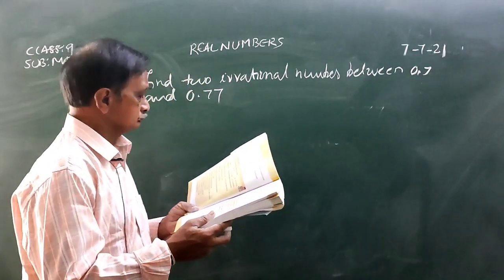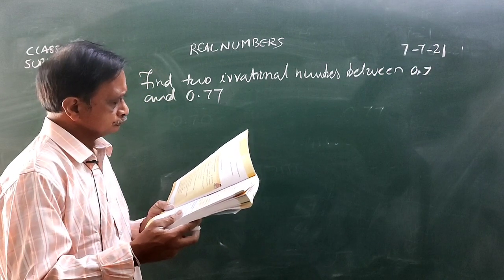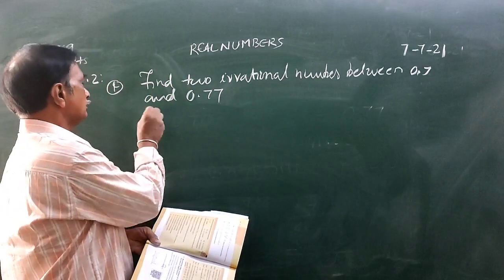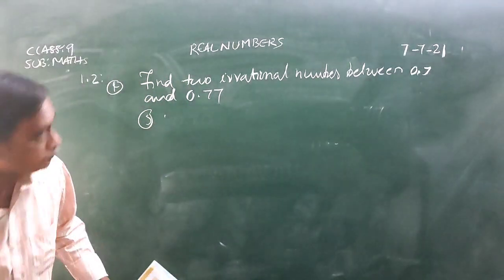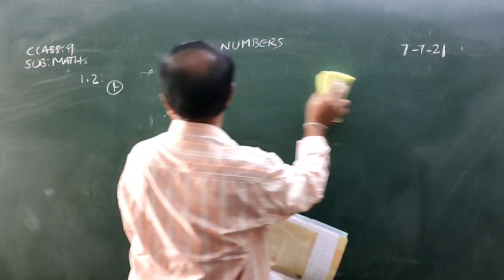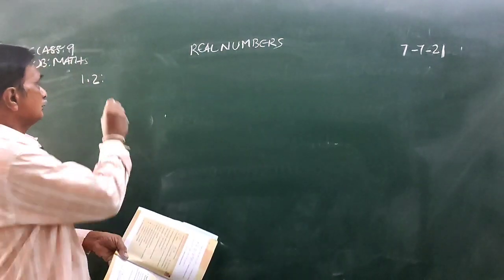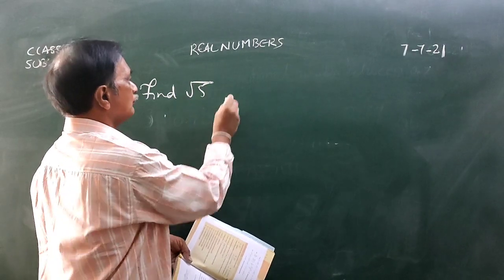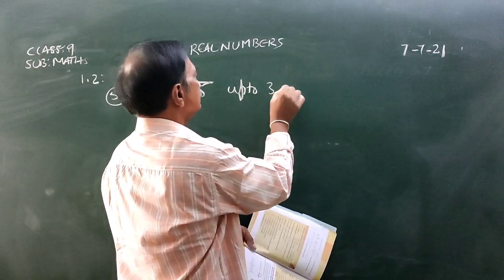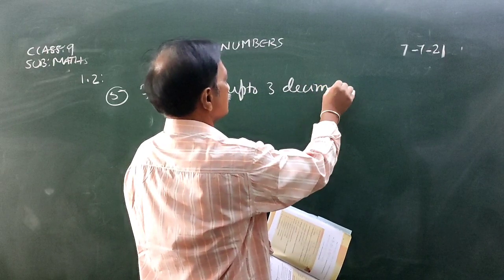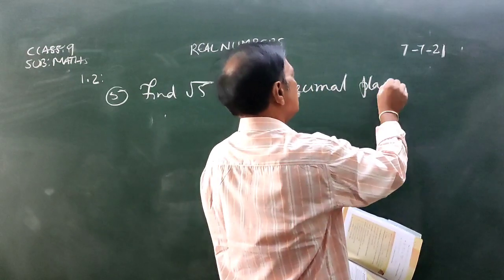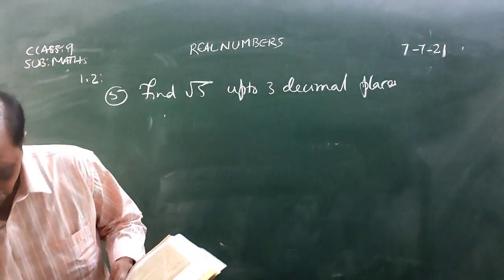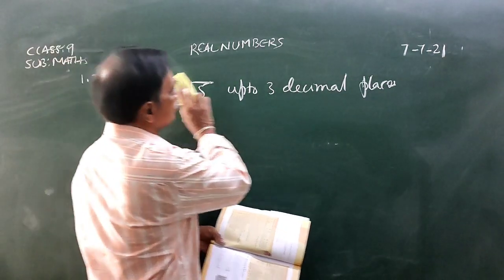In the previous video, we found the value of root 5 up to 3 decimal places. Already we have completed that in the previous video. Now, the sixth one.